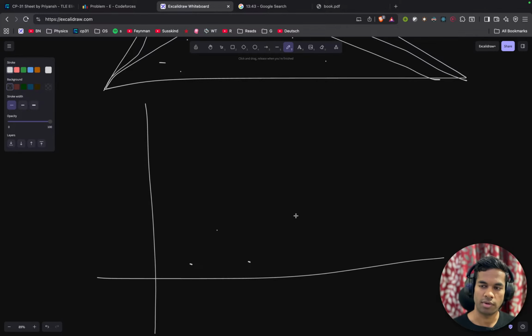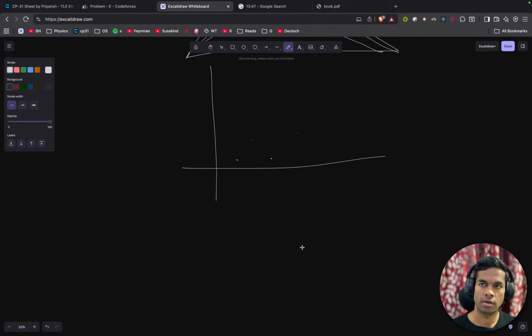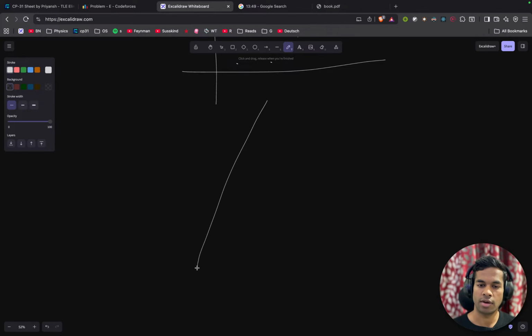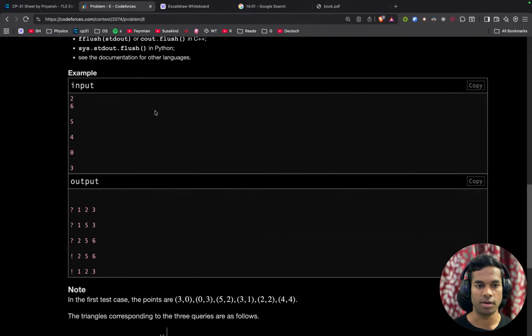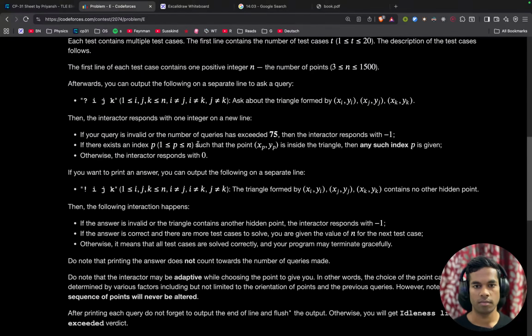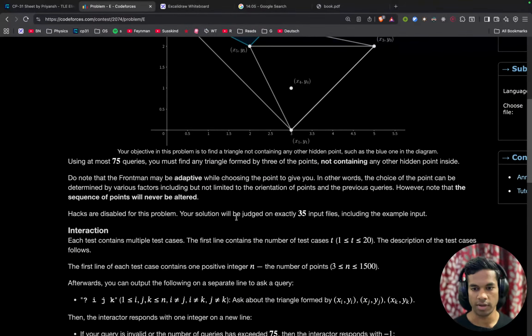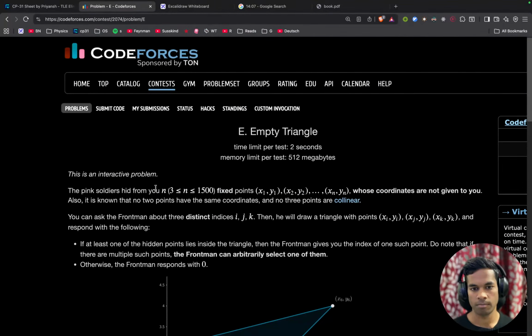For every y value there is not more than 1 point, and I think there cannot be more than a given number of points in a single triangle, maybe, but the triangle can be very very big. We are not even given how big the triangle can be.